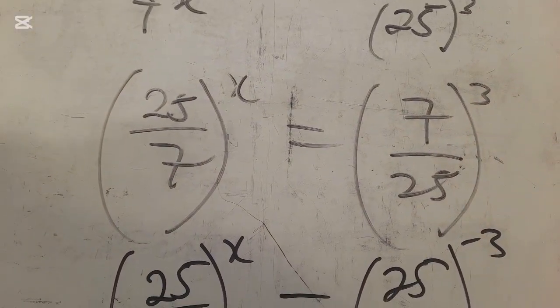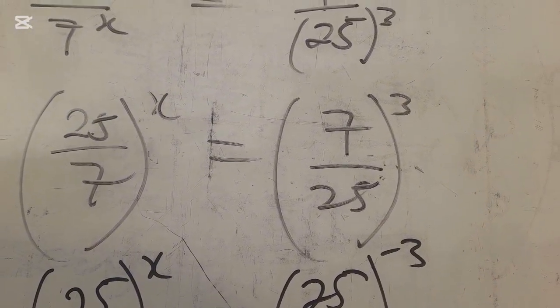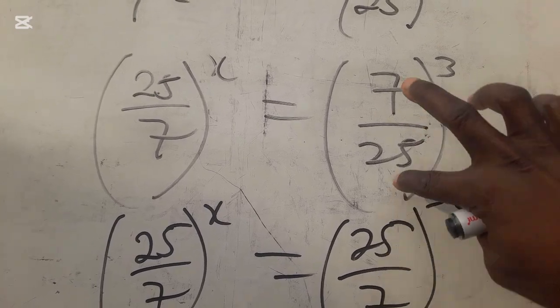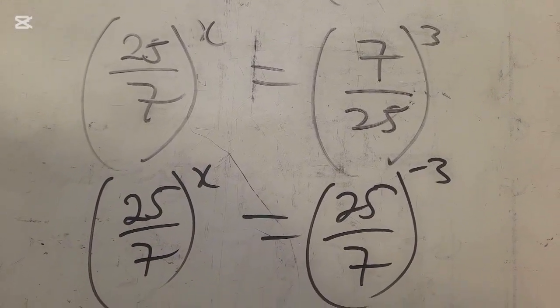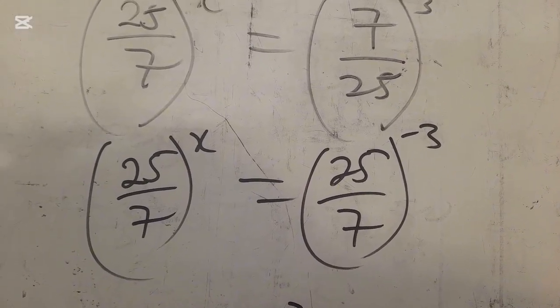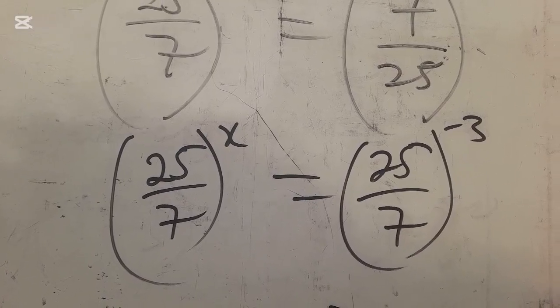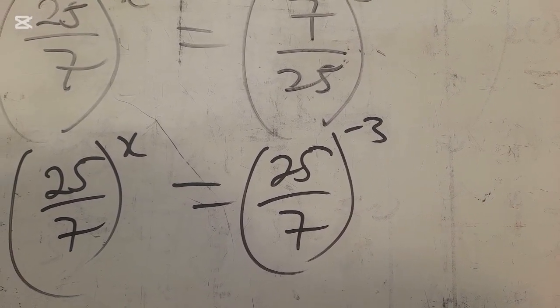While we have 25 over 7 power x, it is equal to 7 over 25 power 3. So we flip the bases, find the reciprocal. When you do that, you have 25 over 7 all power x is equal to 25 over 7 all power minus 3.